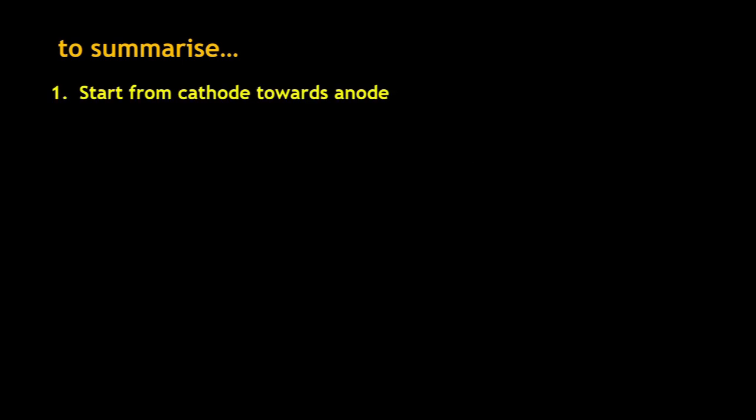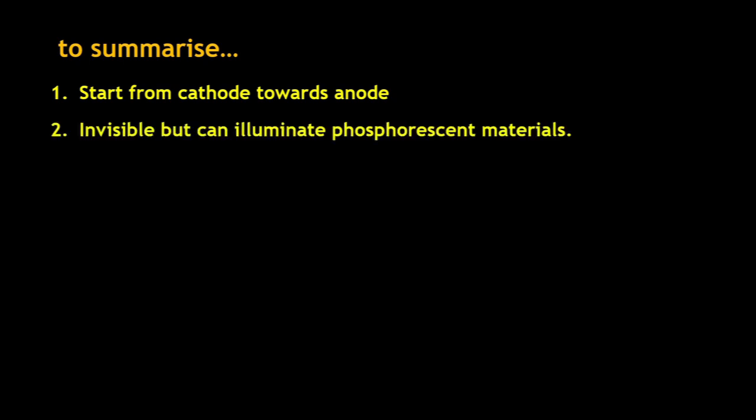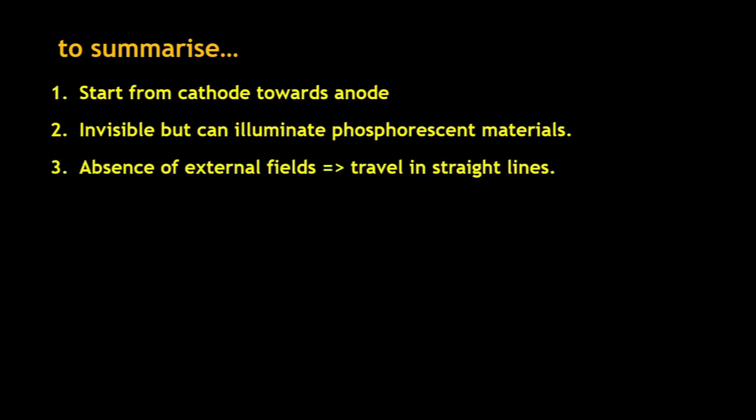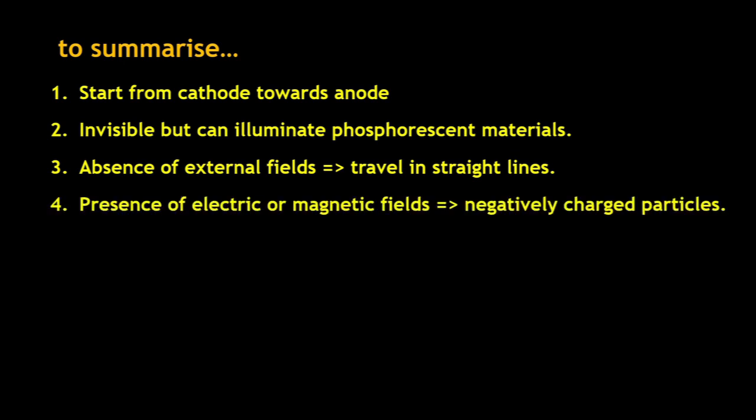So, to summarize, we see that cathode rays originate from the cathode and move towards the anode. They are themselves invisible but can illuminate phosphorescent materials like zinc sulfide. Also, in the absence of external fields, they travel in straight lines, but in the presence of electric or magnetic fields, they behave like negatively charged particles.